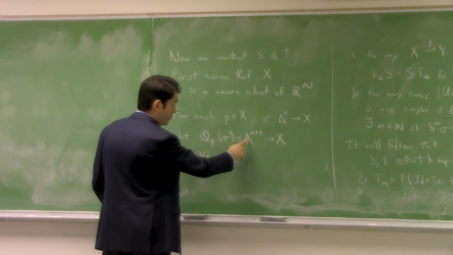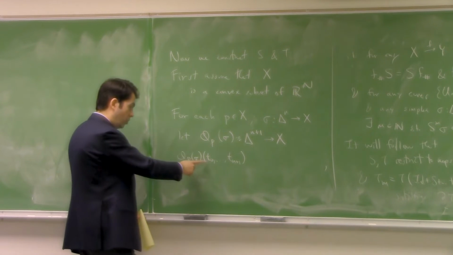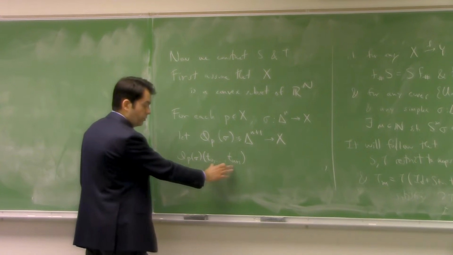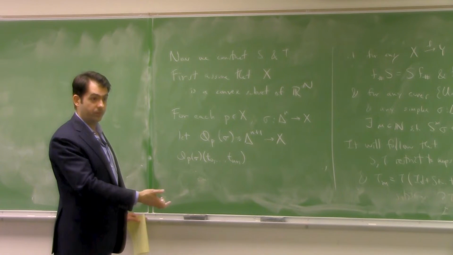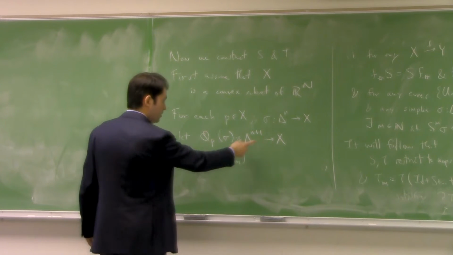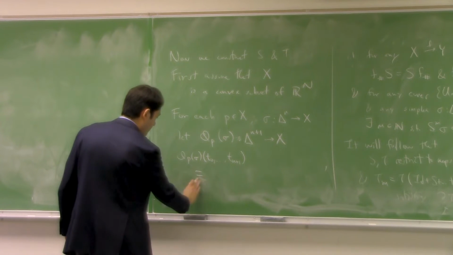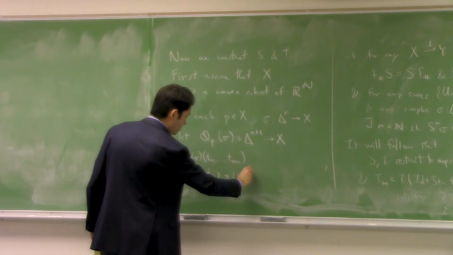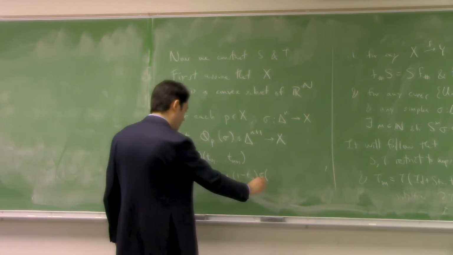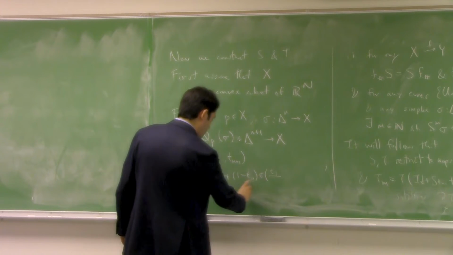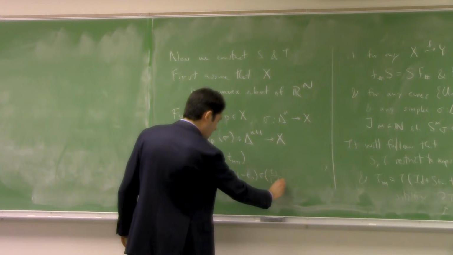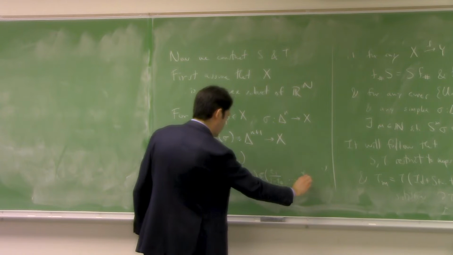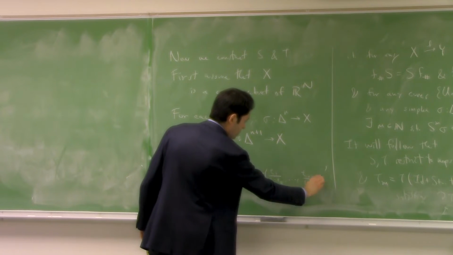So remember, the standard n+1 simplex is just all n+2 vectors with non-negative entries that add up to 1. Right? So okay, take such a thing, and I'm going to tell you what point in X to take. So take t0 times P, plus (1 minus t0) times sigma of the other entries, each divided by 1 minus t0, until you get to t_{n+1} divided by 1 minus t0.